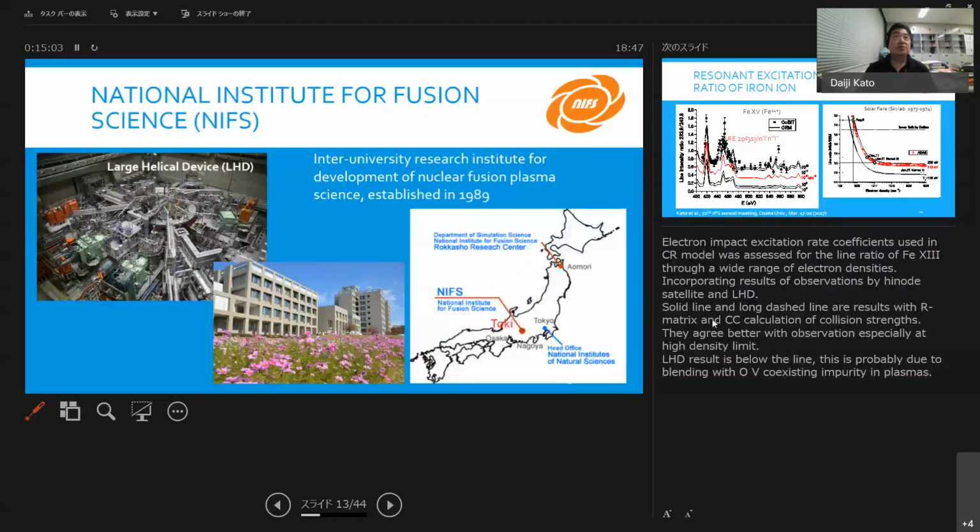Solid line and long dash lines show results with R-matrix and cross-coupling calculation of collision strengths. So they agree better with observation, especially at the high density limit. The LHD result is below the line, but this is probably due to blending with O5, a coexisting impurity in plasmas.